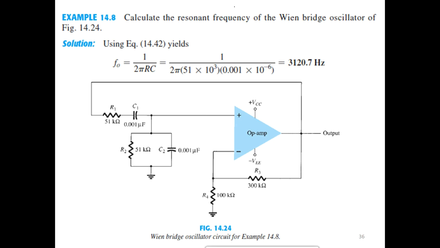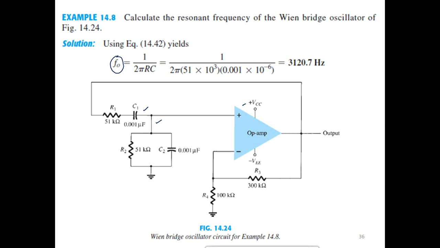Just for your practice, there is a problem on a Wein bridge oscillator circuit, where certain parameters will be given and you will be asked to find out the frequency of oscillation. So it is again a simple substitution based problem. You can go through it.